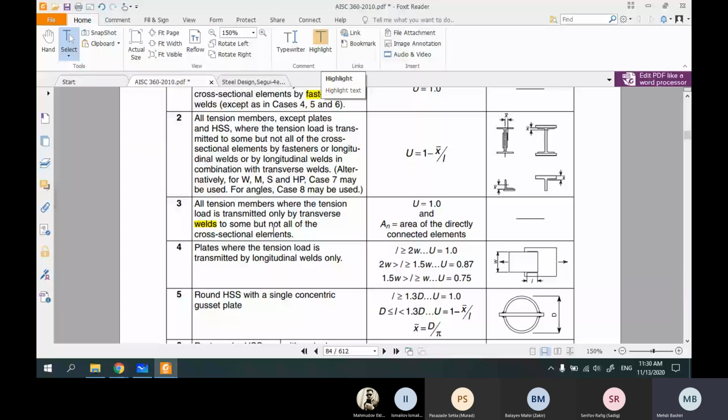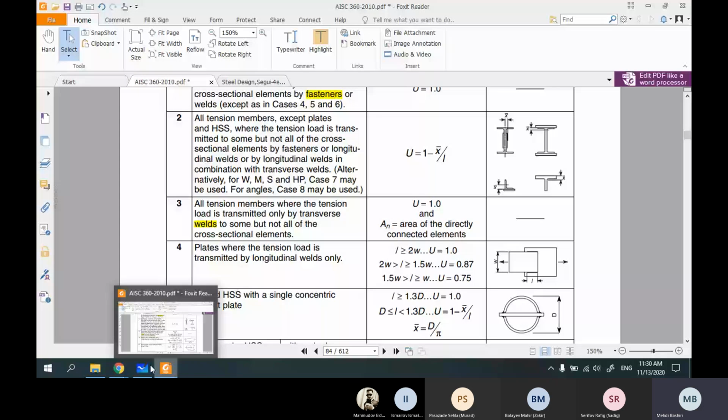For example, in this case it says, all tension members where the tension load is transmitted only by transverse welds to some but not all of the cross section. What does it mean? That means when you have transverse welds, again, U is 1.